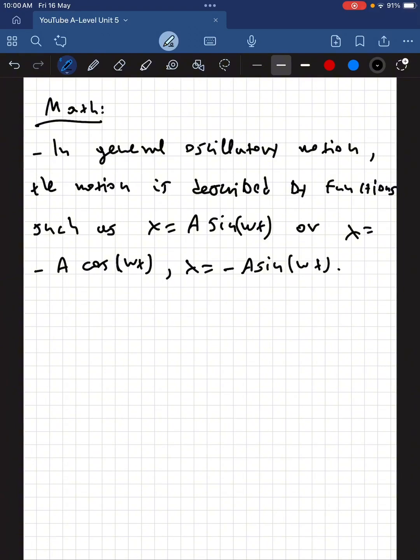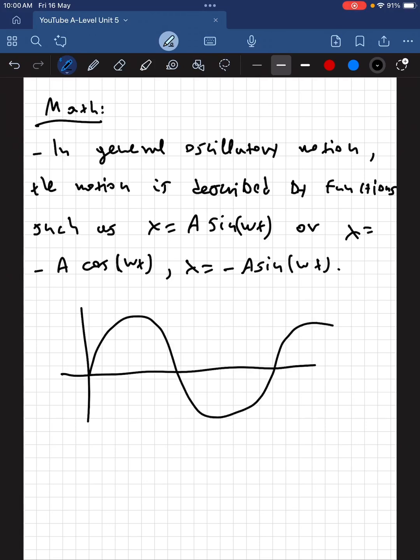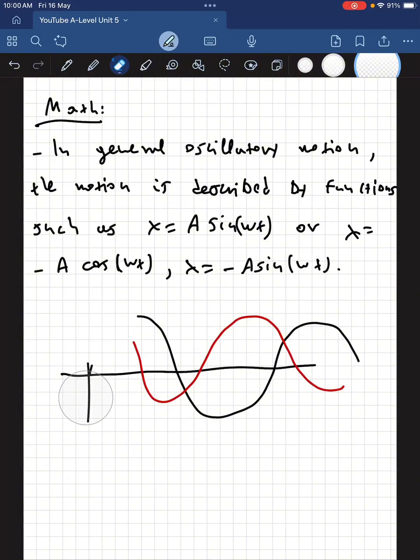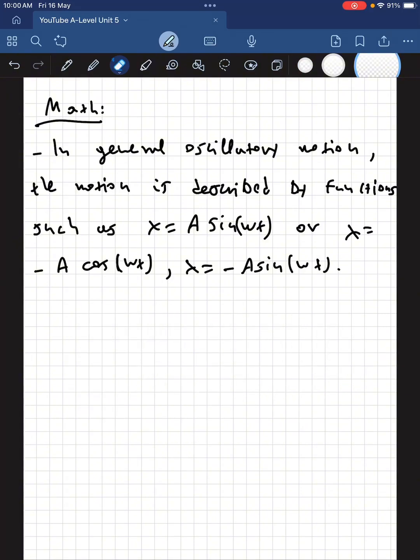So the reason why I use sine and cosine functions is because we have oscillatory motion, and if you recall, the sine function looks like this and the cosine looks like this. So they have oscillatory behavior by definition. Therefore, they are appropriate for discussing oscillatory motion. If you want to see why we use sine and cosine functions mathematically, you can.